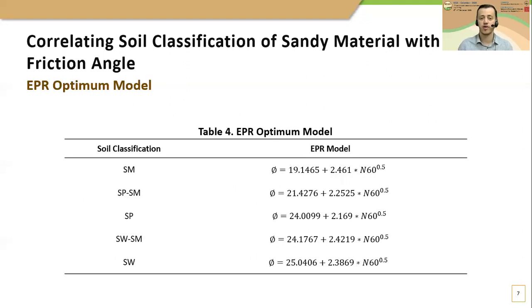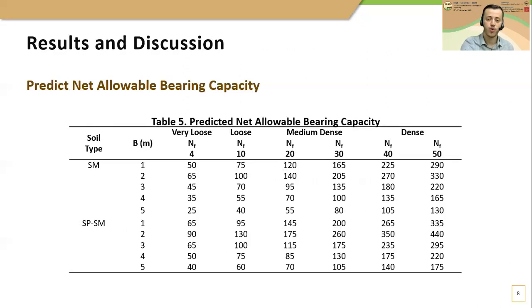After that, we were able to run the EPR and get the following 5 EPR models. Each model represents a soil classification, as you can see in this slide. So what we have done after that, we have used these EPR models to come up with a table that can be used to predict the net allowable bearing capacity.